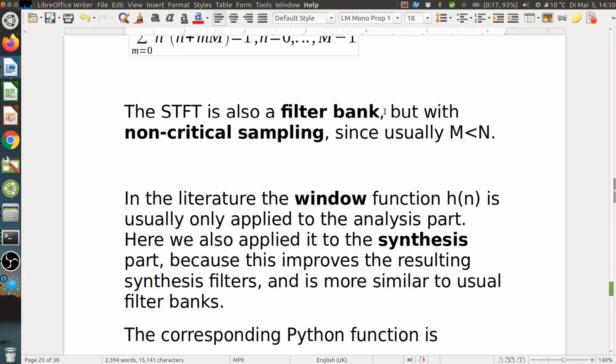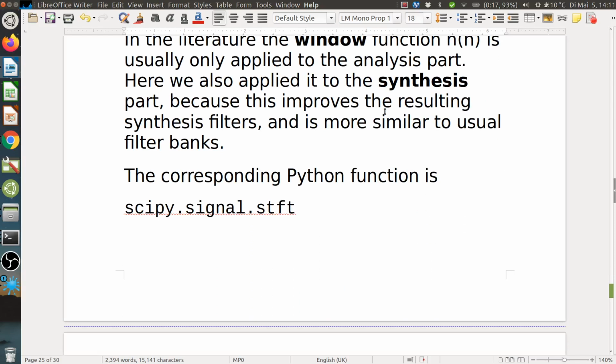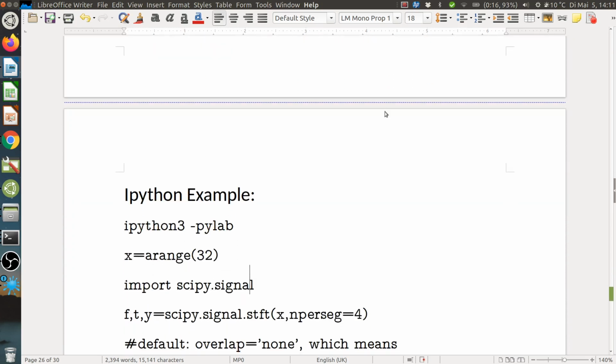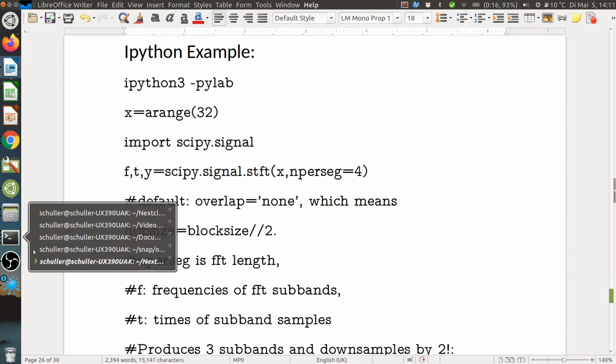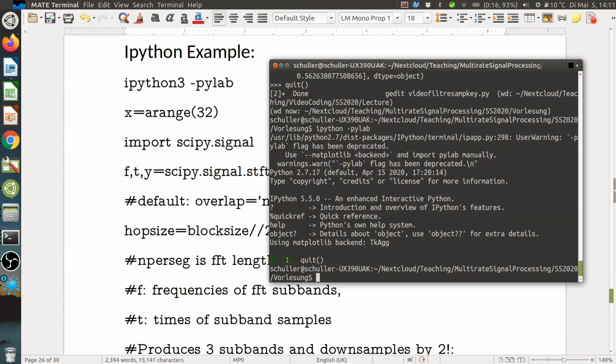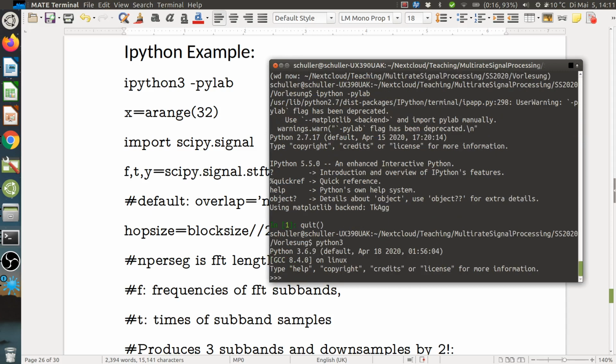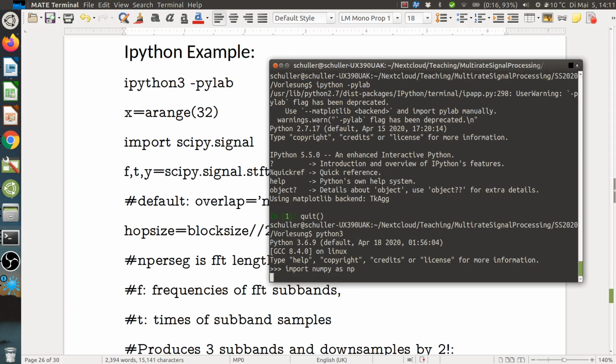The corresponding Python function is scipy.signal.stft. So STFT is a function in the signal library, and it's very practical again that we have a function for it. Here's an IPython example. I will just continue using the Python 3 interactive shell here. That means I need to import numpy as np.